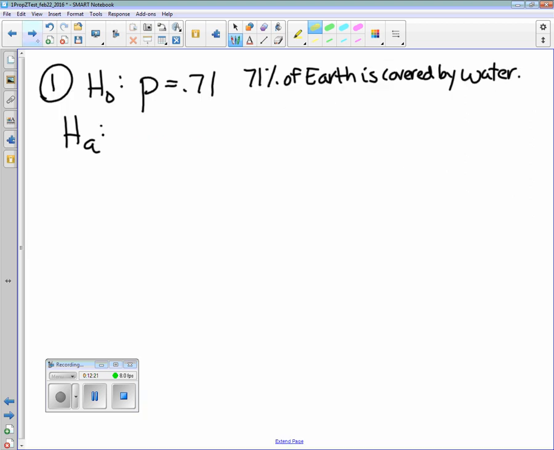So we're going to say here, we think the proportion of water on Earth is actually less than that. Remember, the numbers in the hypotheses are always the population parameter. Nowhere in there do I have 35 out of 50. The null and the alternative hypotheses are always in terms of the claim.